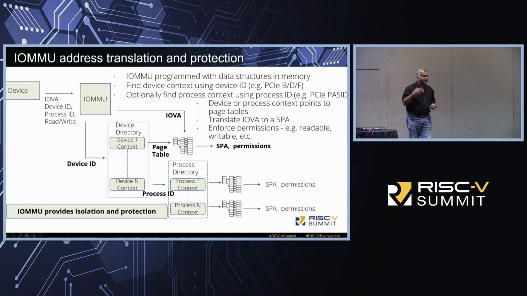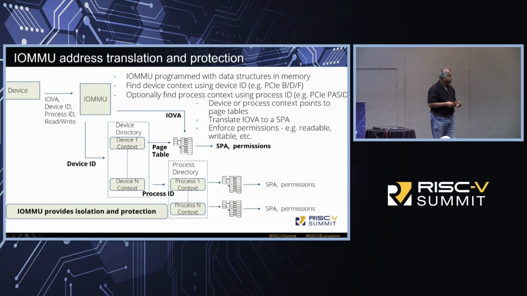So we can take the device ID that is signaled by the device, and the IOMMU will look up the device directory, and the device directory gives it a couple of pieces of information, one of them being the G-stage page table. Now, when you have two-stage address translation in place, a second ID is used. It's called the process ID, and your device context now points to a process directory.